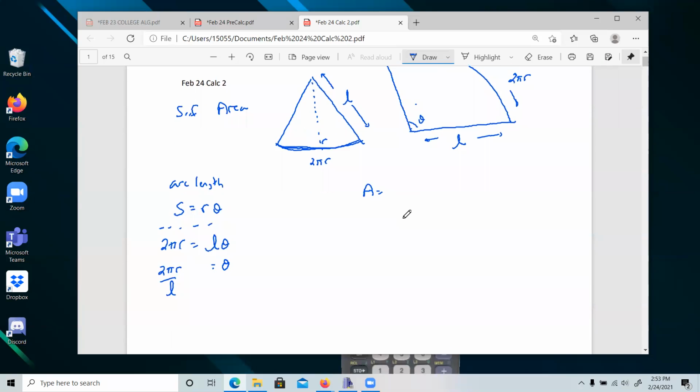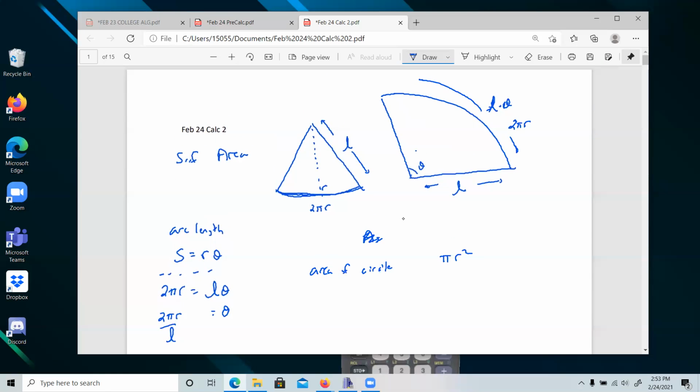Actually, not quite yet the area. Do you remember that the area of a circle is pi r squared? What I'd like to figure out is how we get part of a circle, a section of a circle. Going back to trig, I'd really like a theta in here.